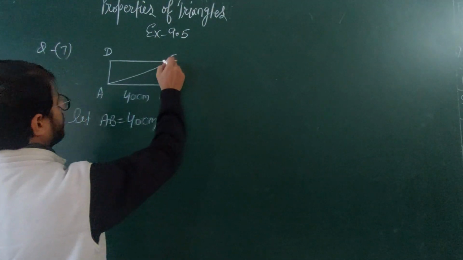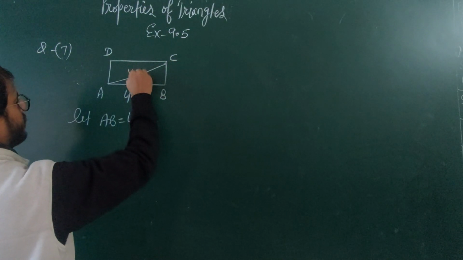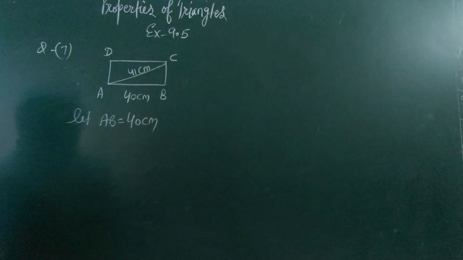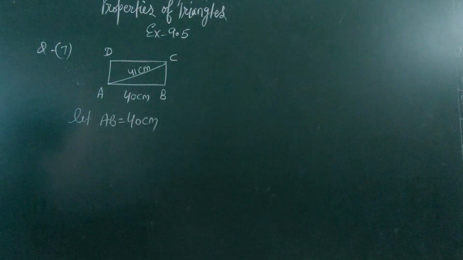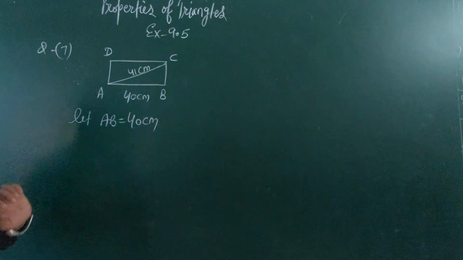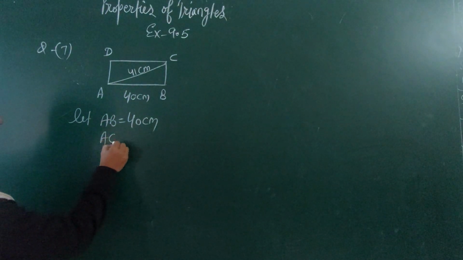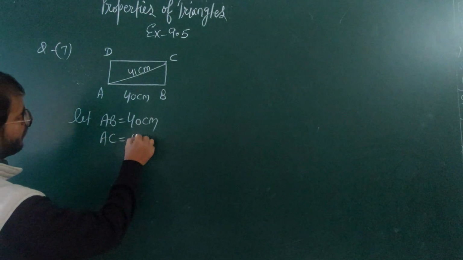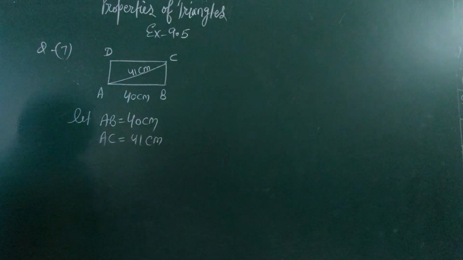Let AC be 41 centimeter, and we have to find the perimeter of this rectangle. AC is equal to 41 centimeter.